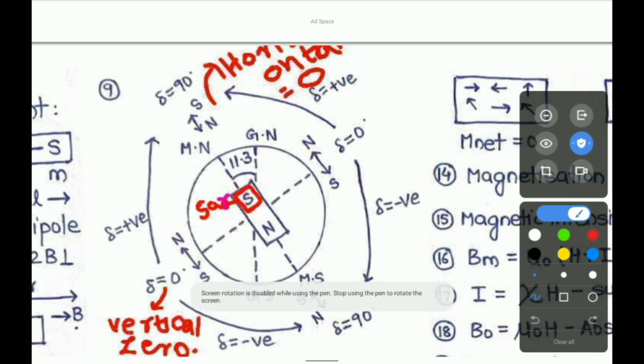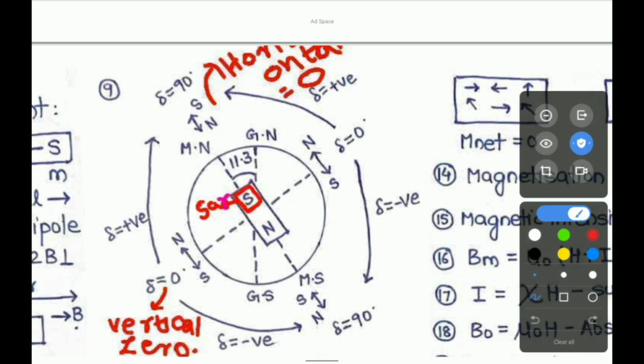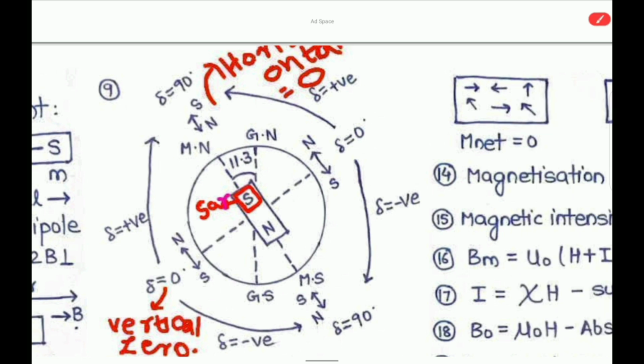This is geometric south, and this is magnetic south. Here, the angle between geometric north and magnetic north is 11.3 degree. And this magnet is, for example, the earth magnet itself, here a south pole and here a north pole.